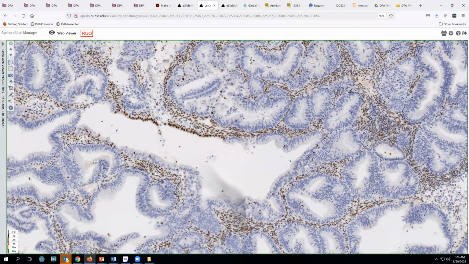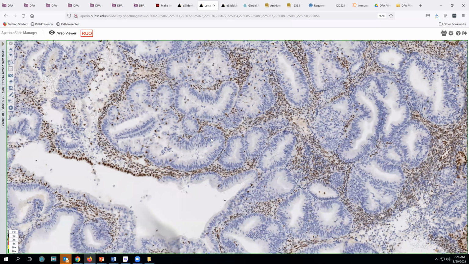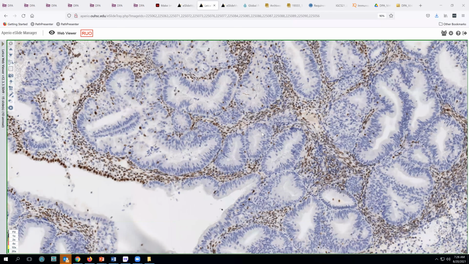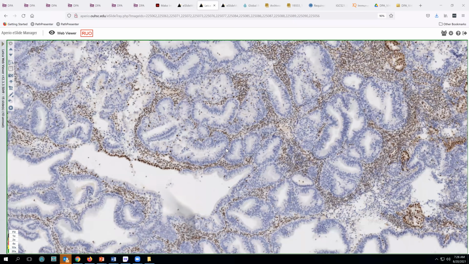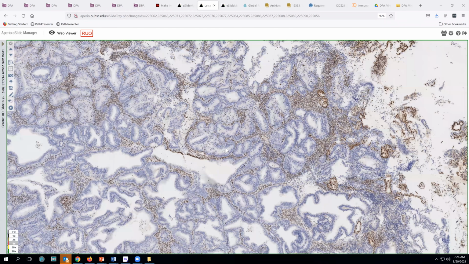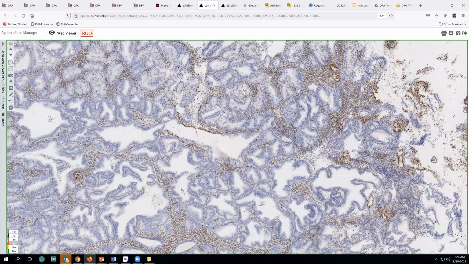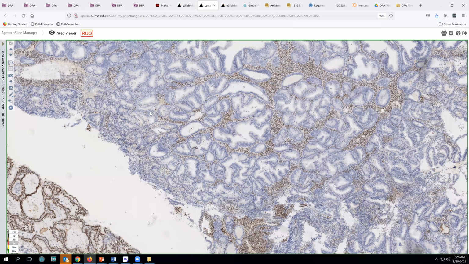The stromal cells are positive, but note that all of the tumor cells in this fragment, all the epithelial cells, are negative for this marker. So this represents loss of this mismatch repair protein. A corresponding feature would be seen on PMS2 because those are a dimer. If MLH1 is lost, then PMS2 will also be lost.